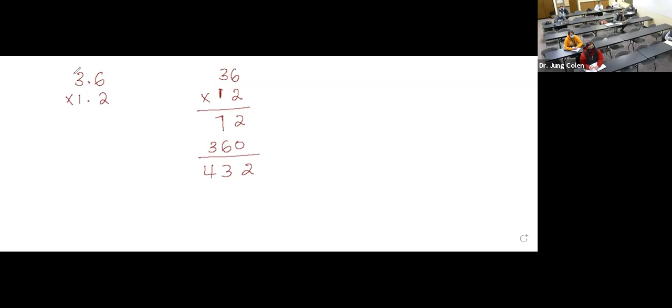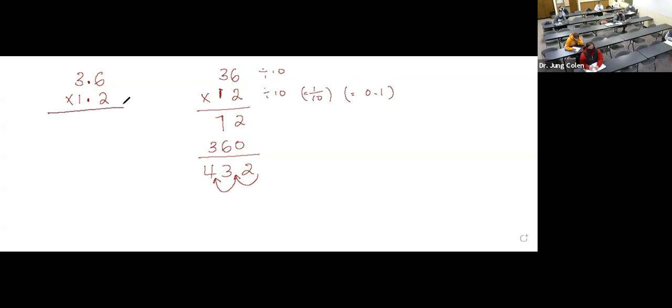So we treat the 3.6 as 36 and 1.2 as 12. Then we take a look at the decimal point. Since we need to divide 36 by 10 to make 3.6, we need to divide the product by 10 as well, and then move the decimal point to the left by 1. The same thing: to make 1.2 from 12, we need to divide by 10, or multiply by 0.1, which means we need to move the decimal point again by another place to the left, right?